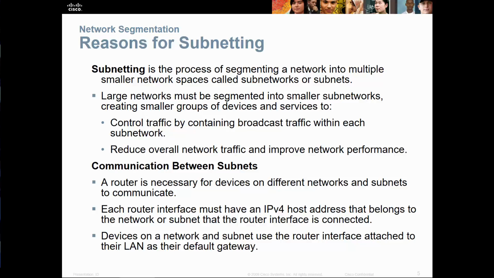Normally it serves 2 purposes: control traffic by containing broadcasts, as well as reduce overall network traffic to improve network performance. So again, subnetting larger networks into smaller networks, and those are the 2 primary reasons: controlling broadcasts and improving performance. Communication between subnets, since they are different networks, must go to a layer 3 device.